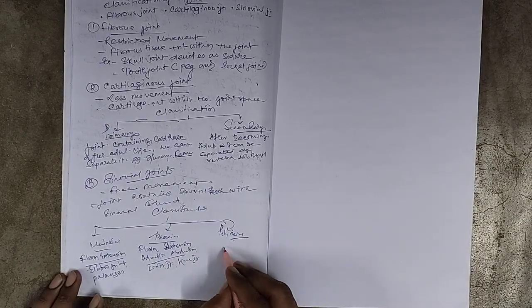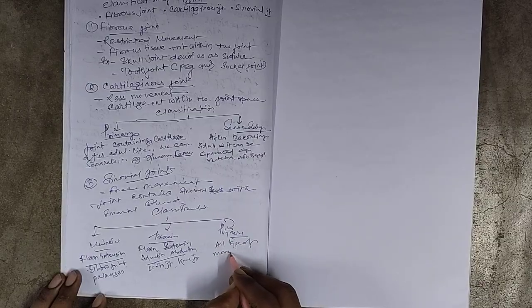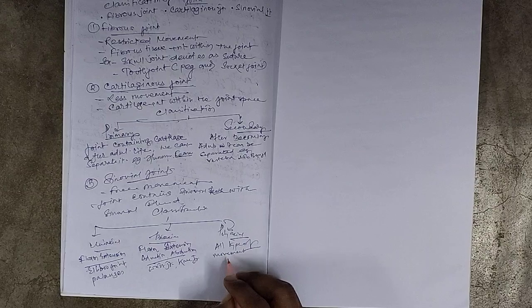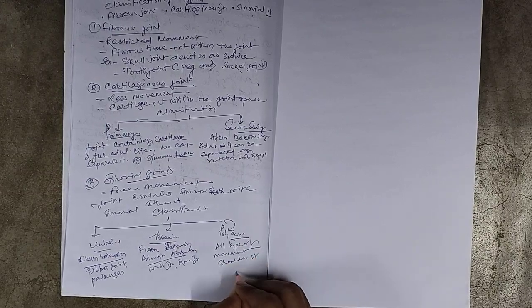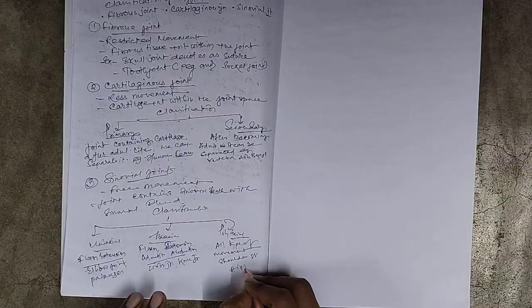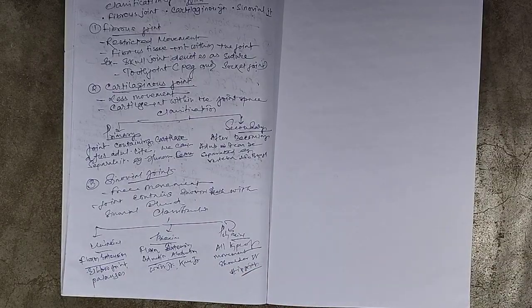Polyaxial has all types of movement. Examples: shoulder joint and hip joint. And there are also many subtypes like ball and socket joint, hinge joint. These are some subtypes present also.